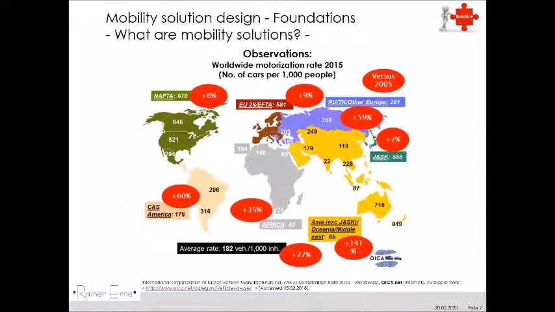And one indicator for this is the worldwide motorization rate, which is the measure of the number of cars per 1,000 people.